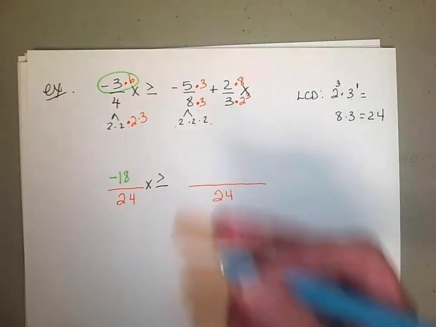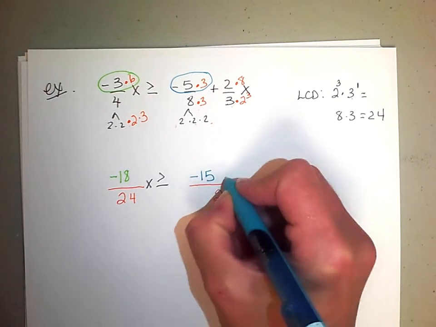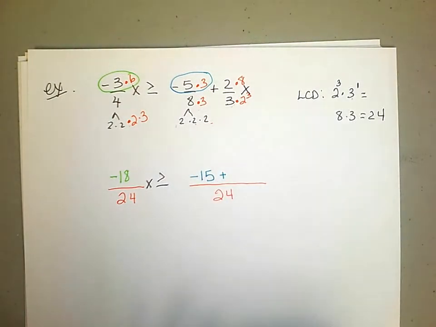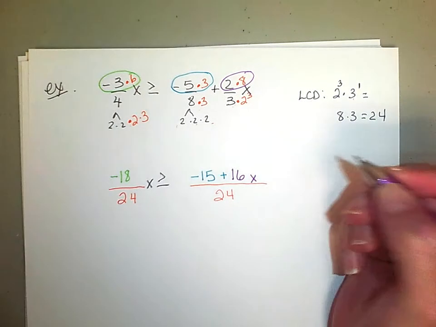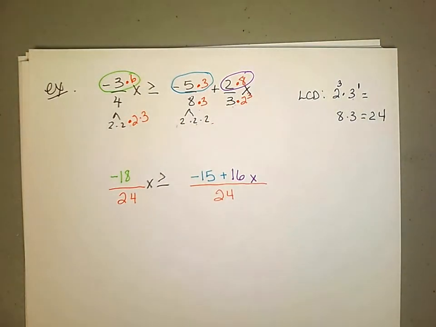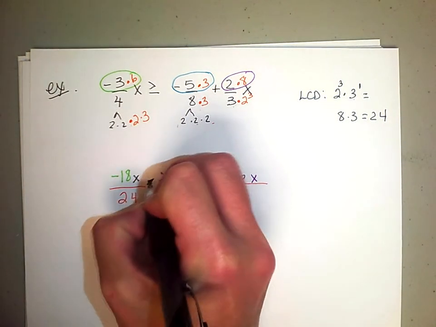And then here, negative 5 times 3 is negative 15, plus, and now 2 times 8 is 16x. I could also write this x up top if we would like. Doesn't matter. It's saying the same thing.